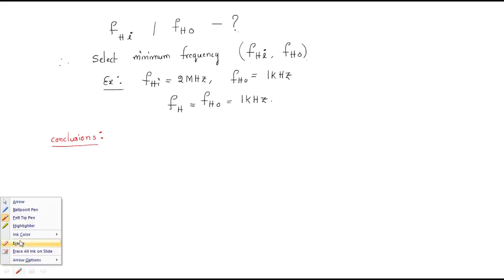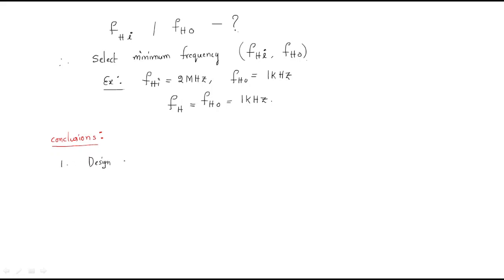The first conclusion is: design the value of high frequency FH using the RC network at the input and output side of the amplifier circuit. You should design first, we have to design for the input and output side.